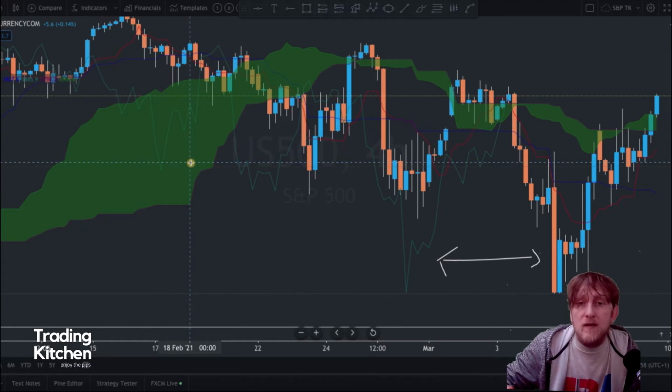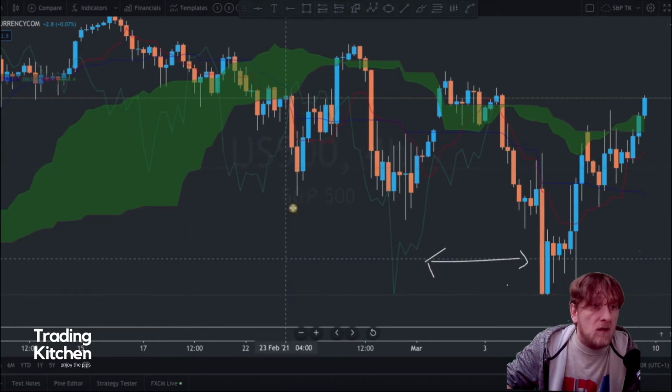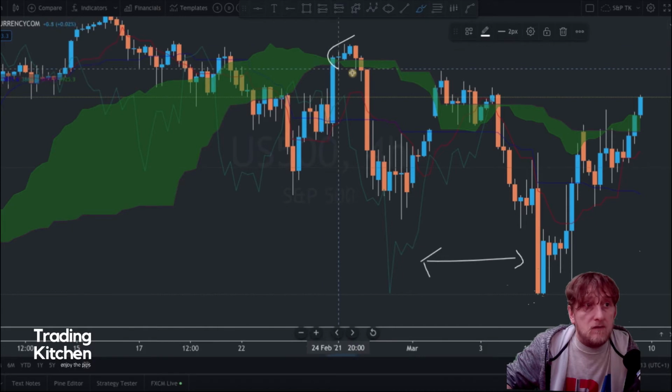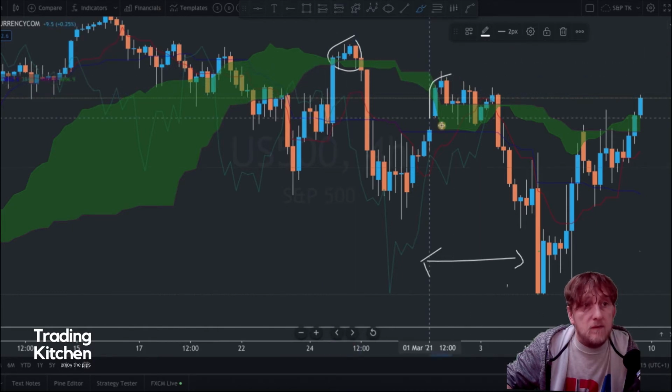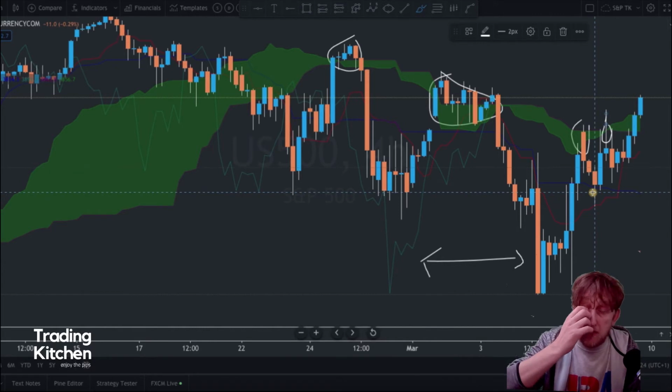You have to treat the cloud like dynamic support and resistance. As you can see, a lot of times the cloud stops the price. A lot of times the price reacts to the cloud.